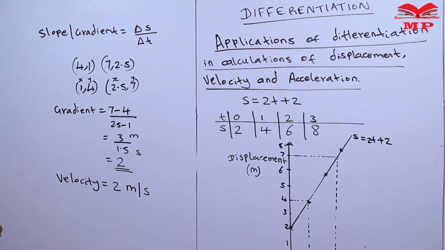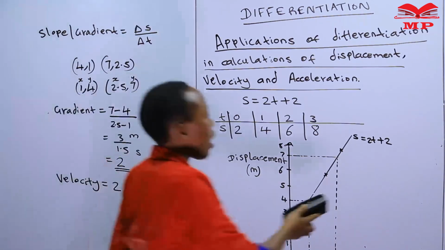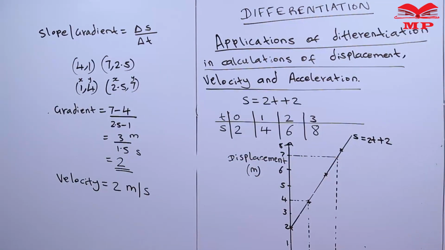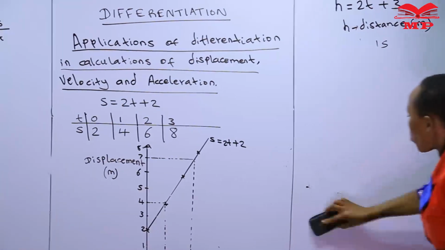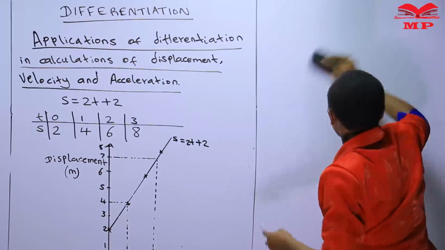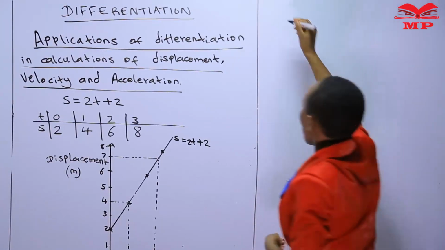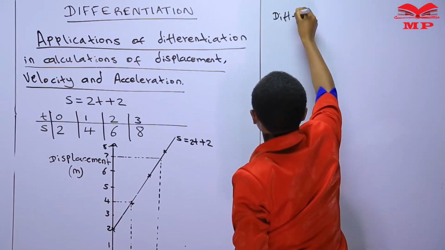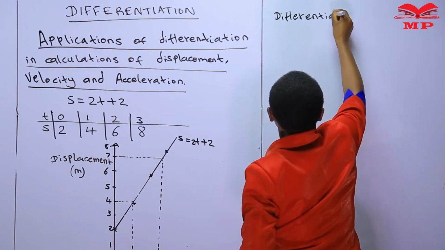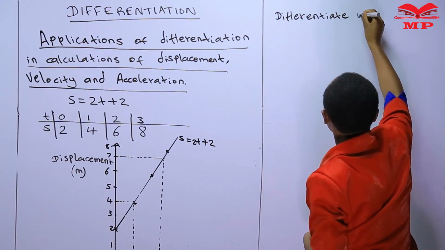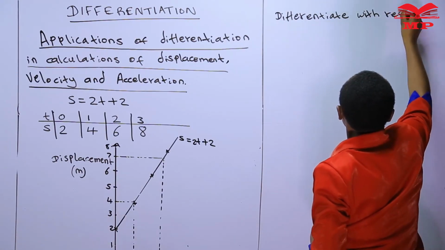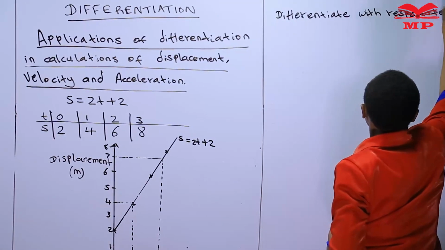That is the velocity. And I want us to consider the following. I want us to differentiate our equation with respect to t.